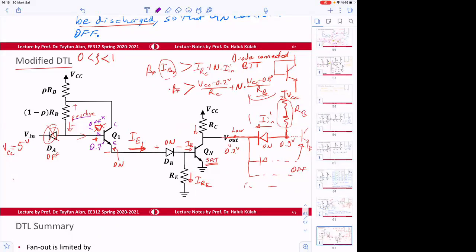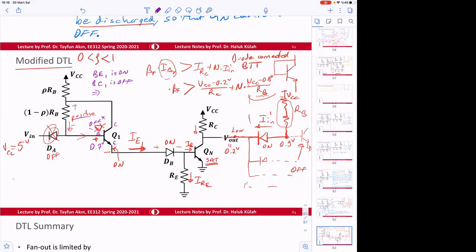Okay, Q1. So maybe I can take a note here. Base emitter 1 is on, but base collector of 1 is off.